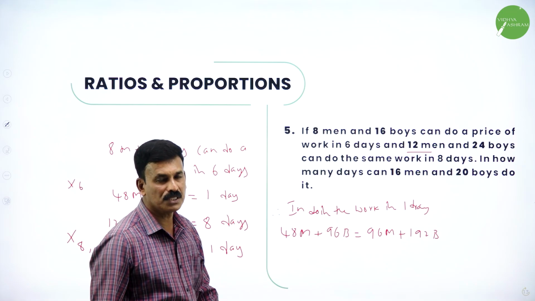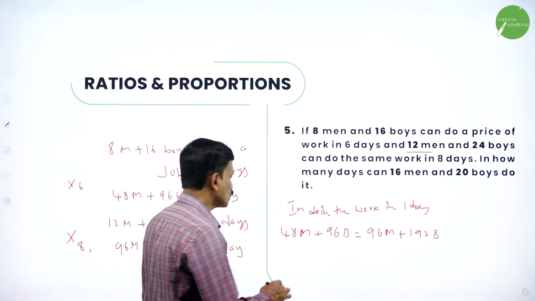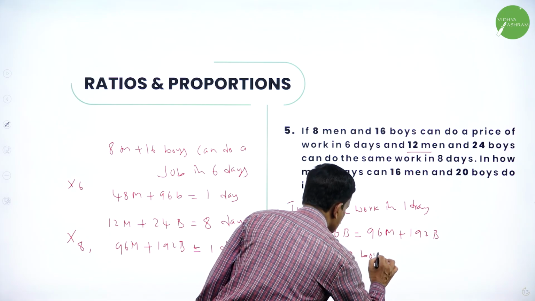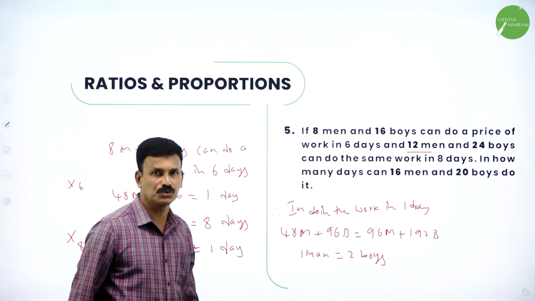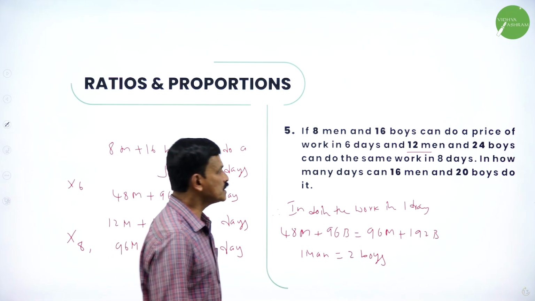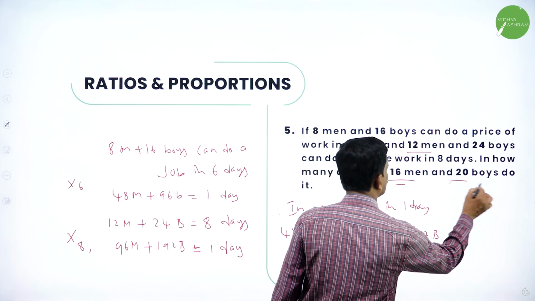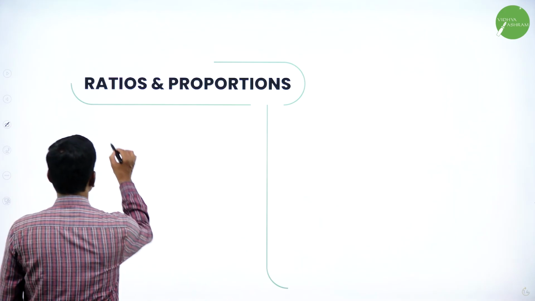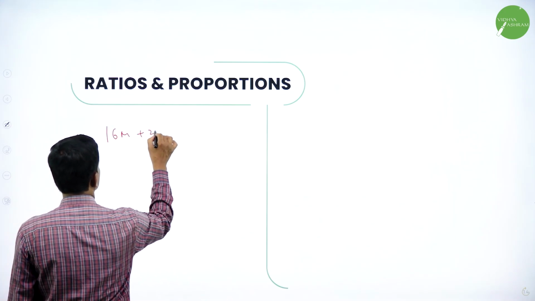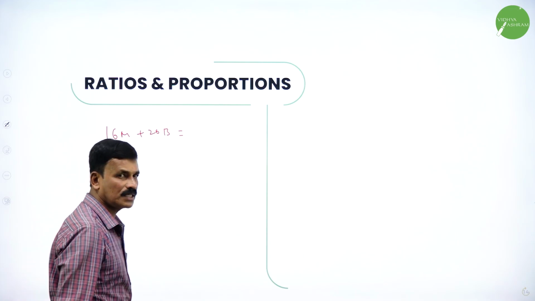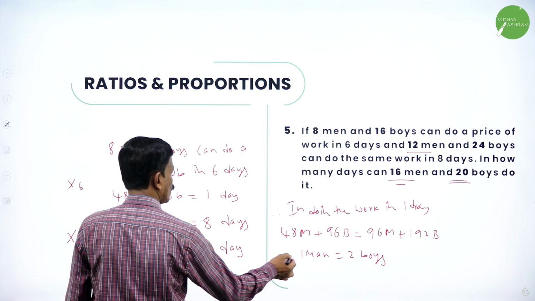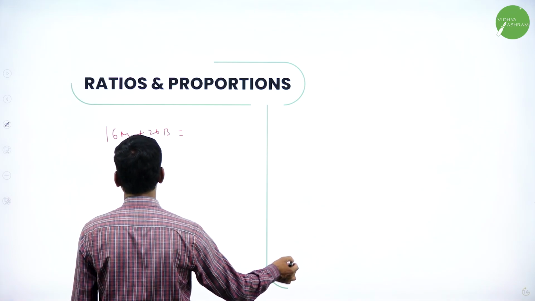So from this we can say 1 man is equal to 2 boys, right? Next condition is 16 men and 20 boys can do the work in.